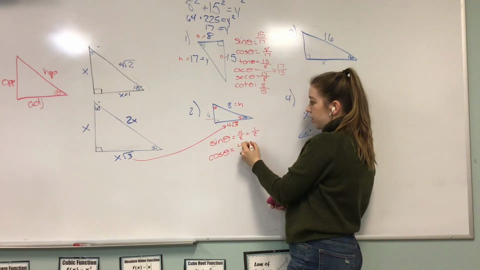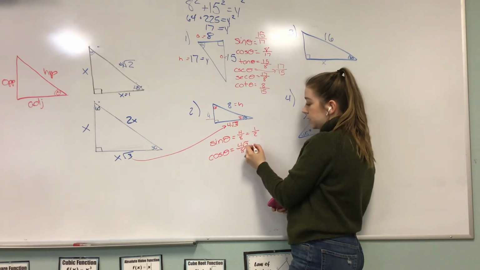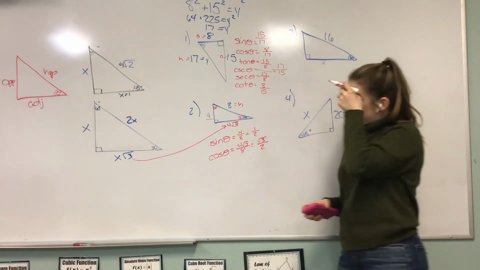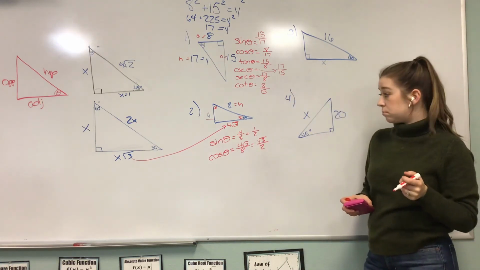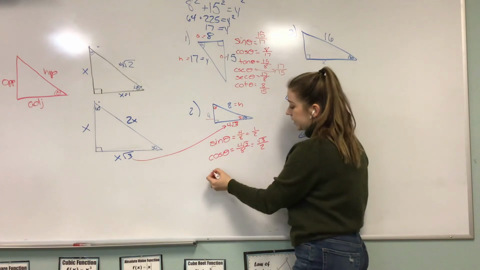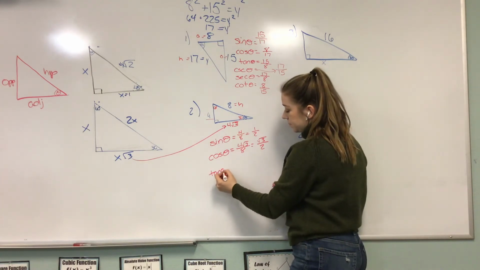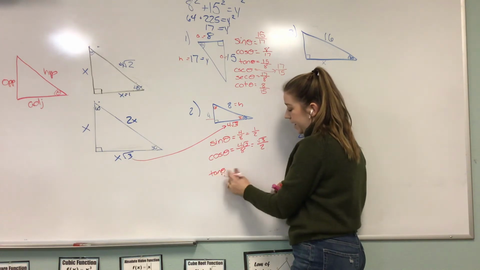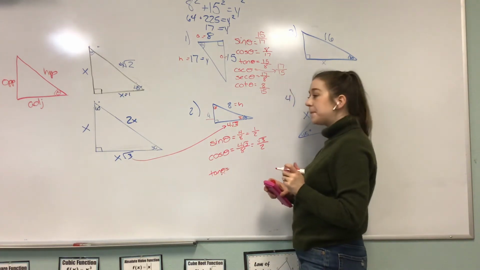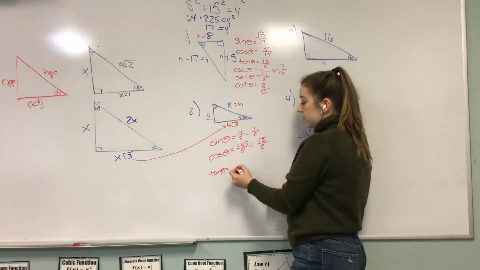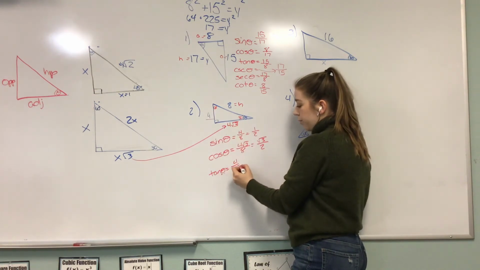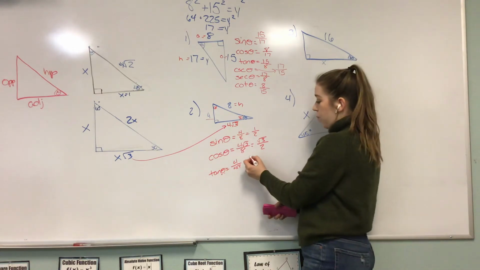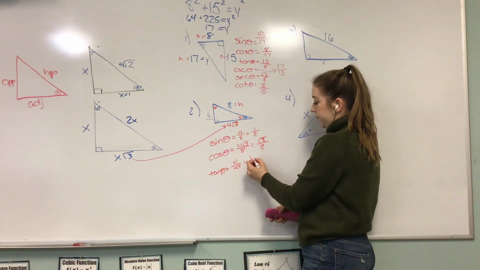That is 4 root 3 over 8, which is just root 3 over 2. Tangent, we're going to leave it at tan theta. That's opposite over adjacent, so that's 4 over 4 root 3. Once you cancel this out, you get 1 over root 3.